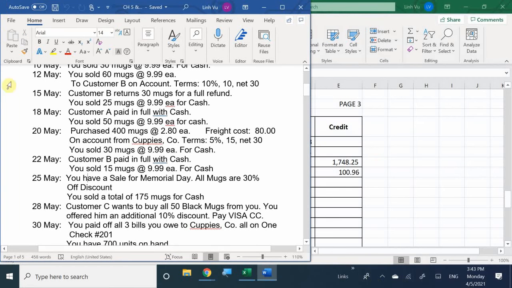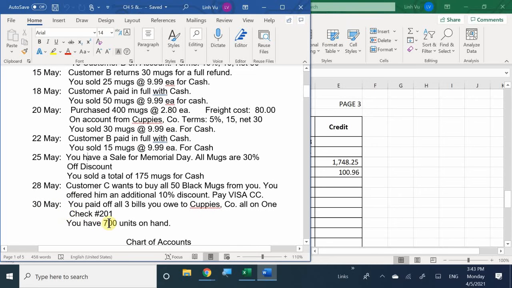Okay, let's see what happened next on the same day. Oh, wait, no. We're done with the same day. So then what happened on the 28th of March? Customer C wanted to buy all 50 black mugs from you. You offer him an additional 10% discount, and he paid with a credit card, Visa.